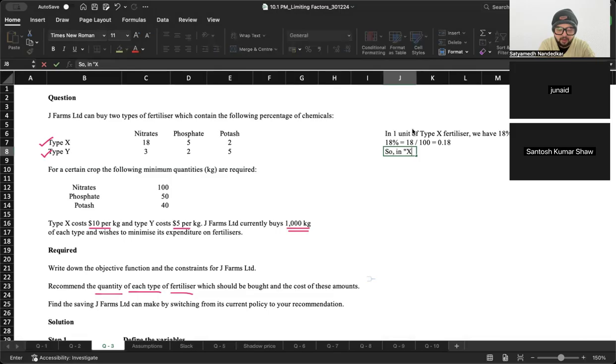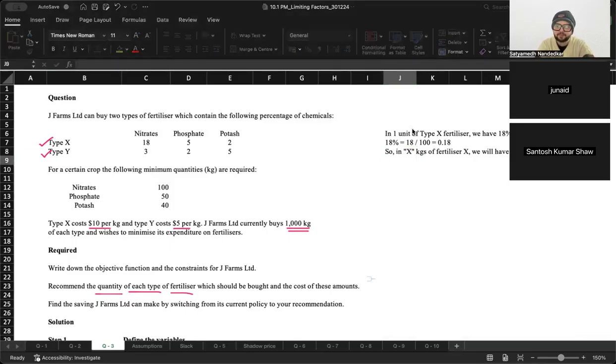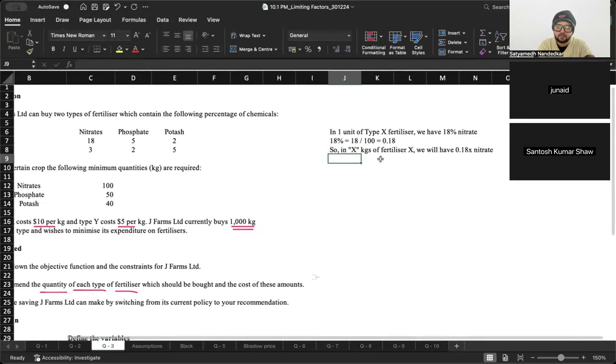So in X kgs of fertilizer X, we will have 0.18x nitrate. Do you agree that if 1 unit of type X fertilizer, we have 18% nitrate, 18% is 0.18. Whatever is the quantity, uska 18% is nitrate. Here the quantity is X kg, so uska 18% will be 0.18x nitrate.